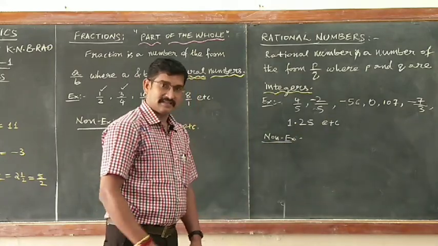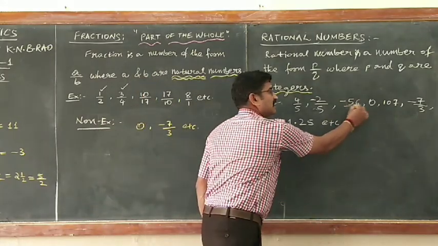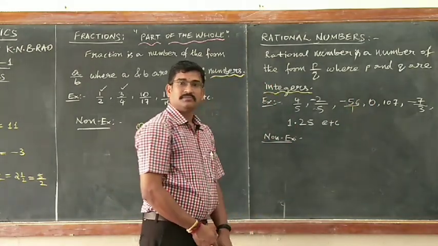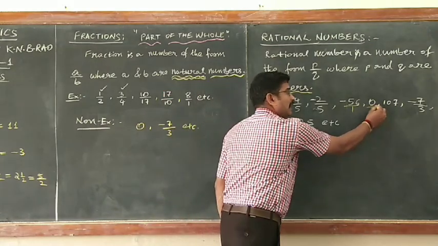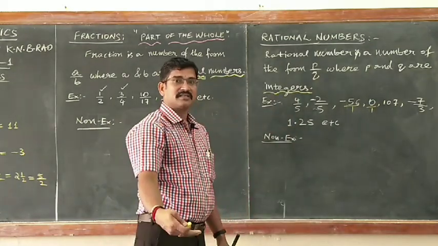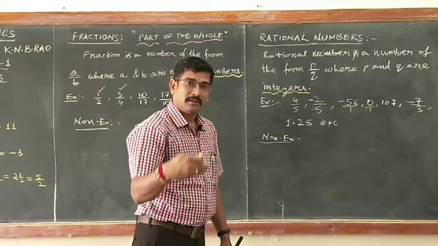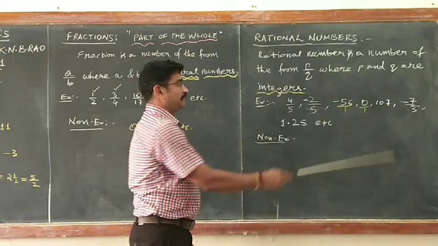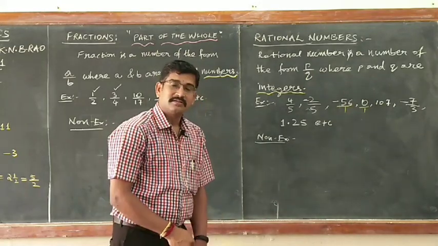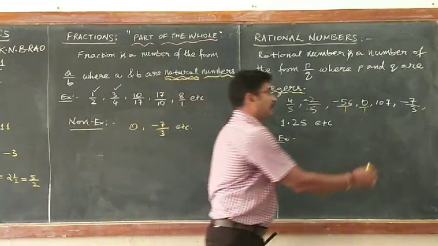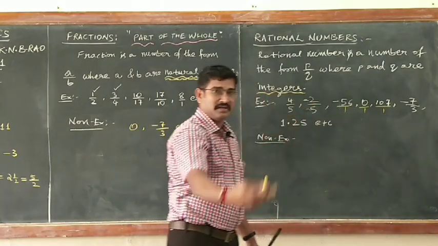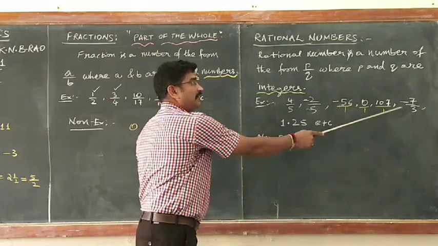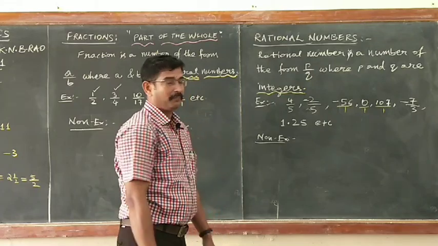Minus 56, it is an integer as well as a rational number but not a fraction. 0 is a whole number, a part of integers also, a part of rational numbers also, but not a fraction. 107 is a natural number, therefore, it is a part of the whole numbers, integers, rational numbers as well as fractions. Minus 7 by 3, obviously not a fraction.